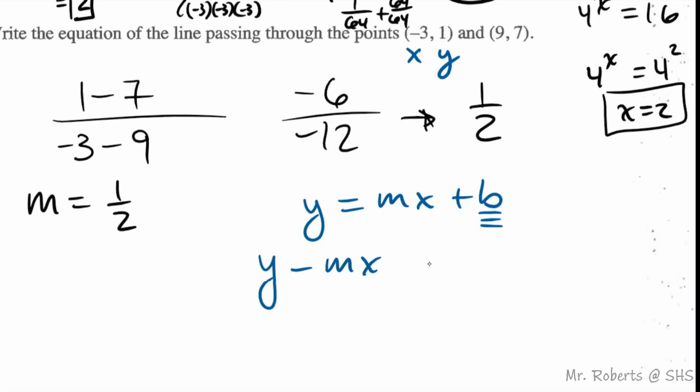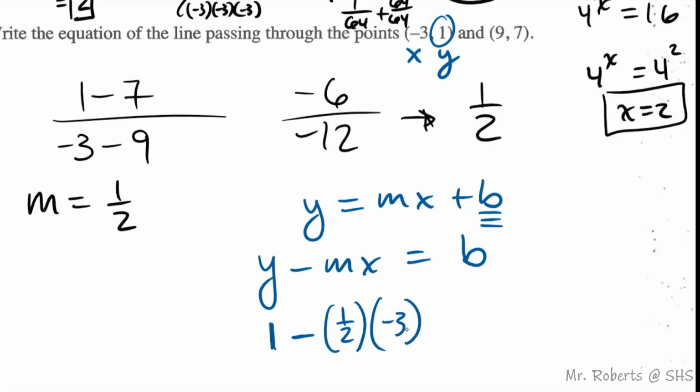So y minus mx is going to give me the b that I seek. So in this equation, I'm going to put in y as 1, minus my slope, which is 1/2, times my x, which is negative 3. And that equals b.